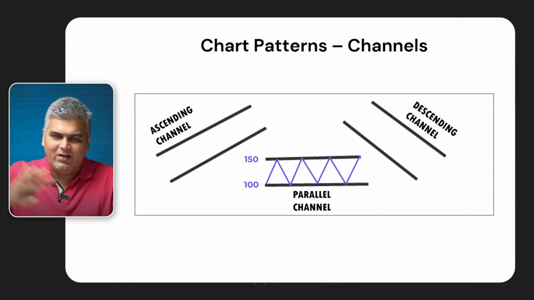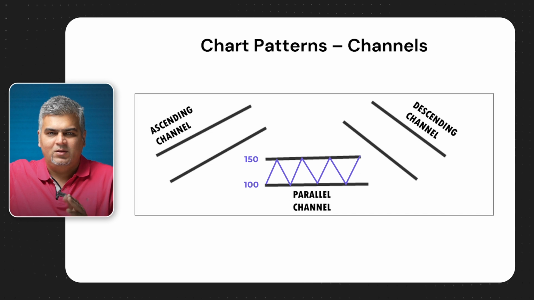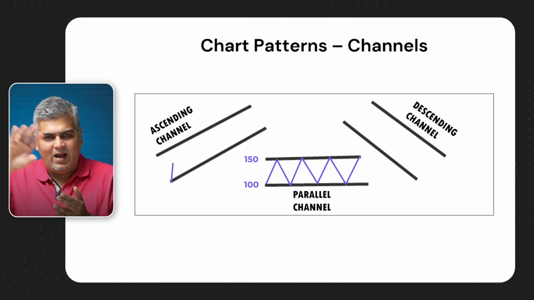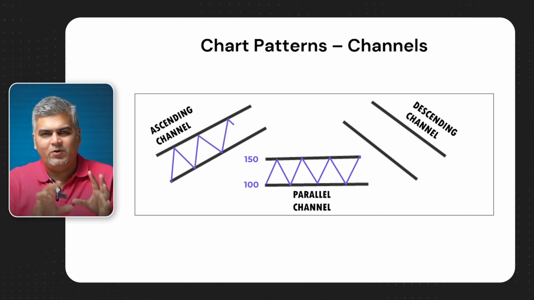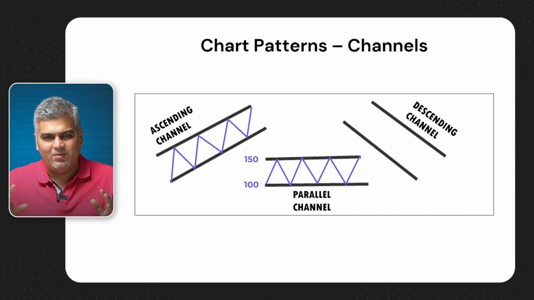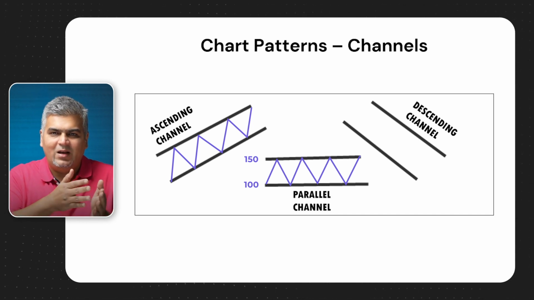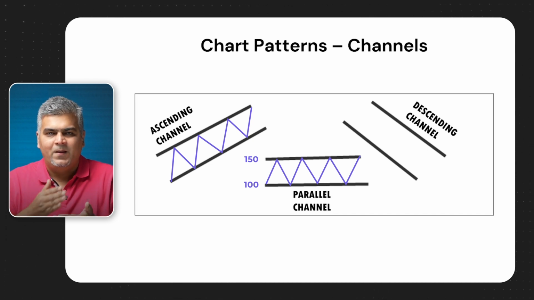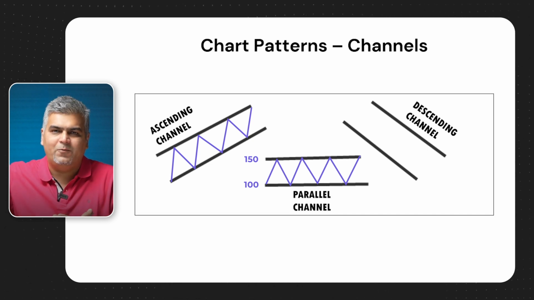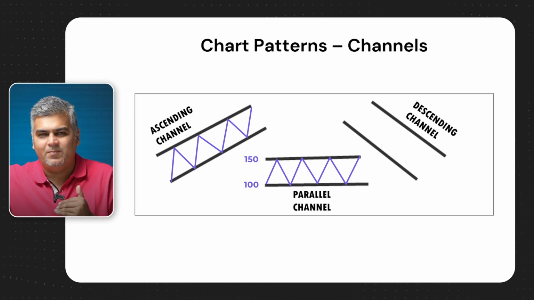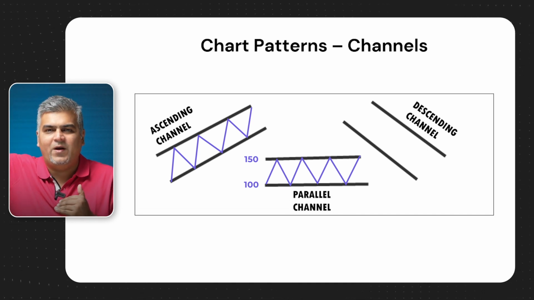Same way, an ascending channel is again higher tops and higher bottoms. The difference between a momentum breakout or momentum trend and an ascending channel is that it is generally a little slower in terms of momentum. So an ascending channel is a slower uptrend compared to that normal breakout, which is basically 3 steps up, 1 step down, 3 steps up, then could be 5 steps up.